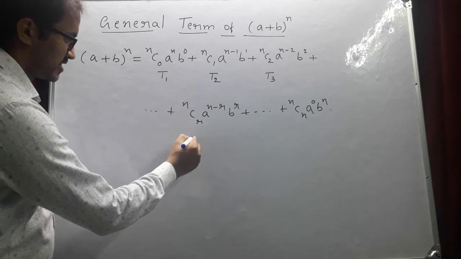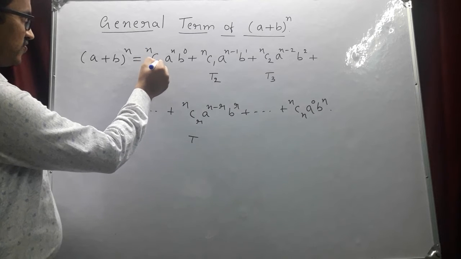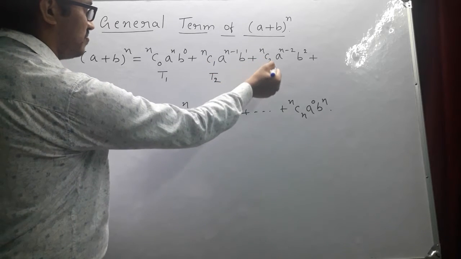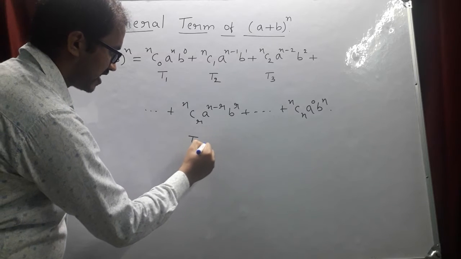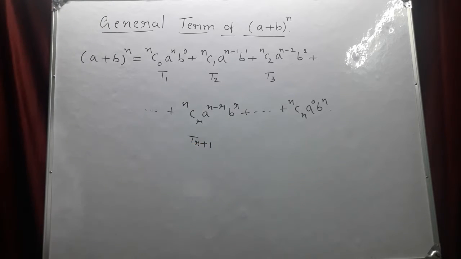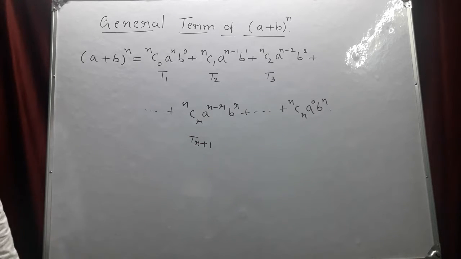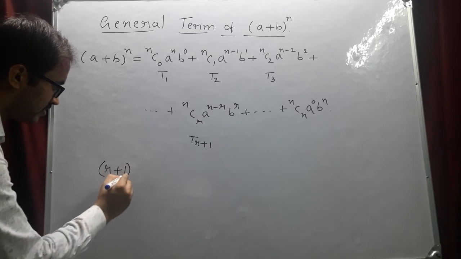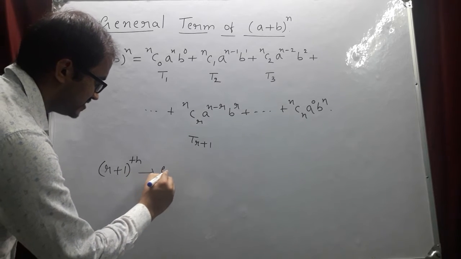See here, for nC0, when we have 0, here we have 1; 1 means 2, 2 means 3. So when we have r here, we can write t(r+1). This term t(r+1), the (r+1)th term of a binomial expansion, we are going to call the general term.